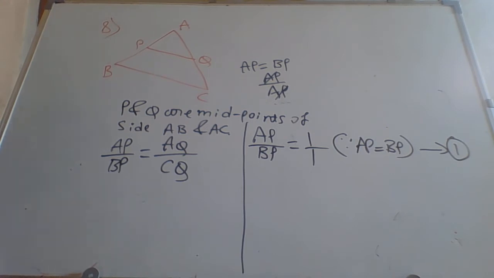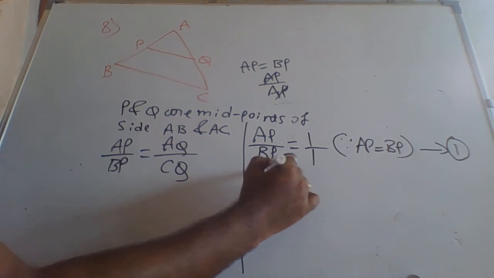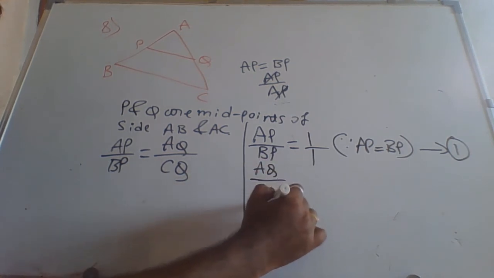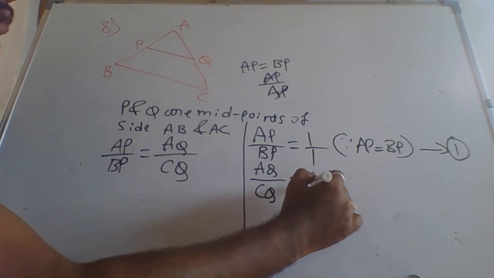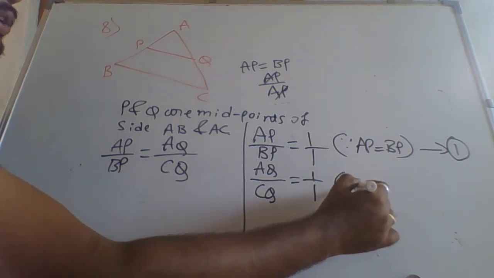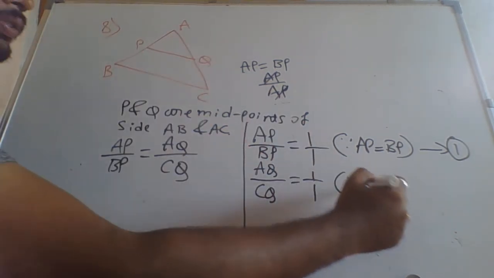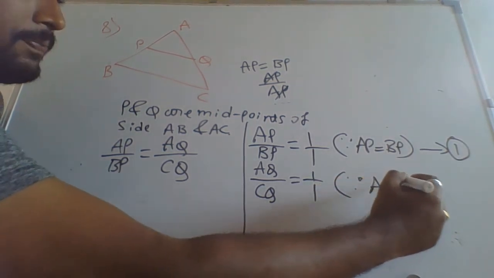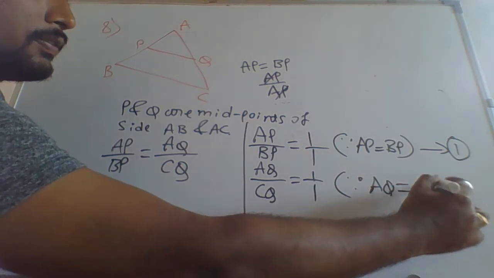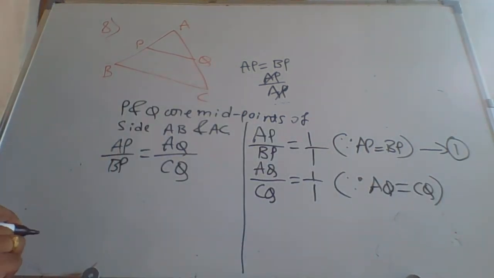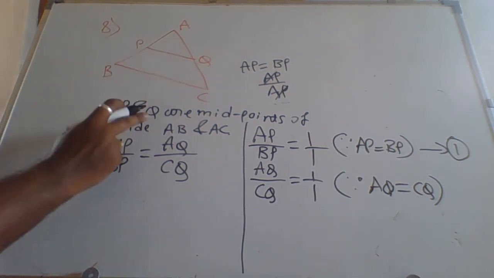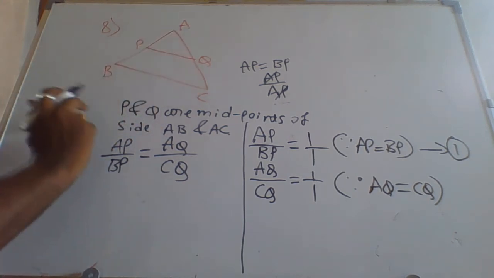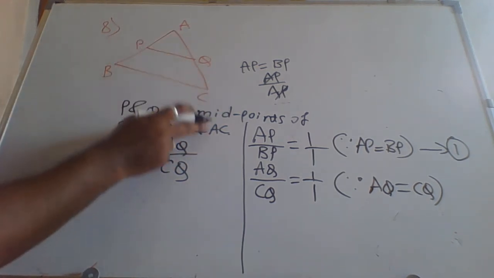Like this only, I will consider now AQ by CQ. So here AQ by CQ is equal to, here also I will get 1 by 1 only, because AQ is equal to CQ, because we consider Q as midpoint of side AC.